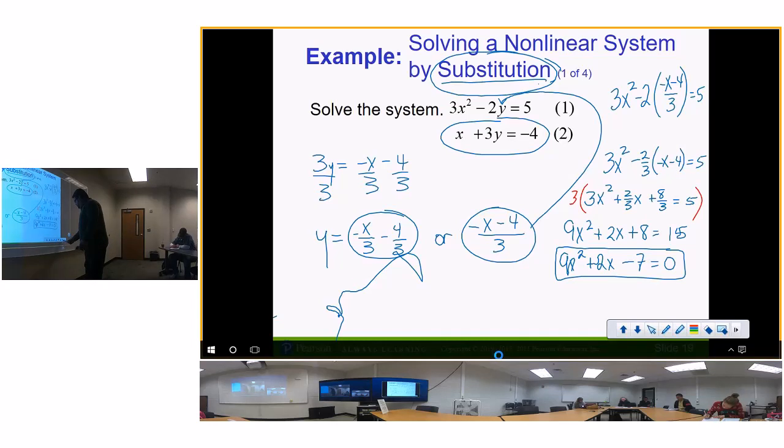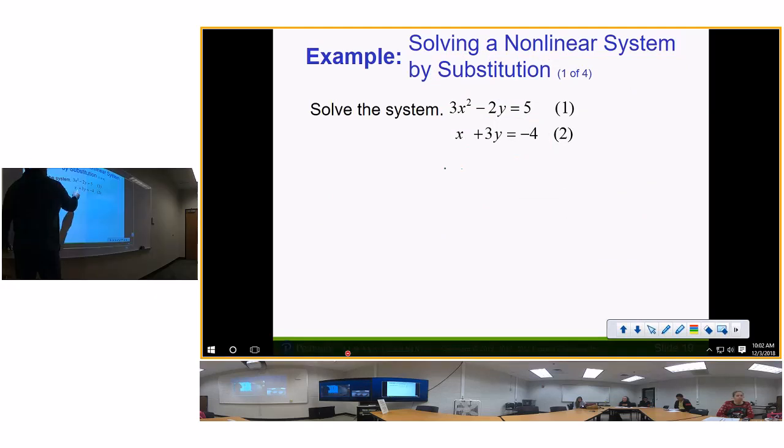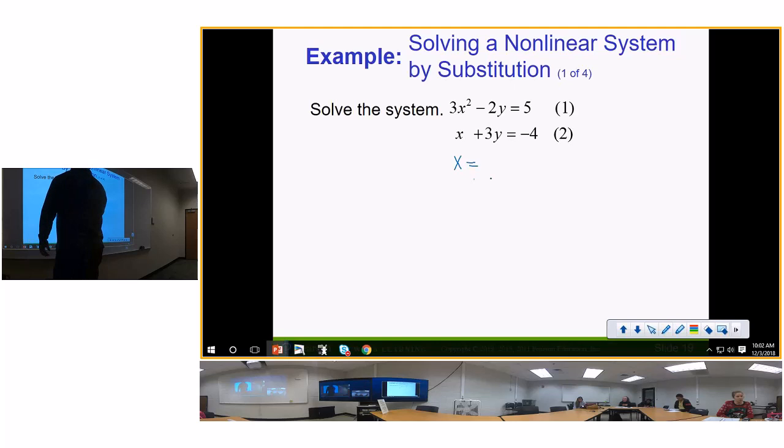I'm going to erase this whole thing. And she said solve for x. So x is equal to negative 3y minus what? And take that and do what? Substitute right there.